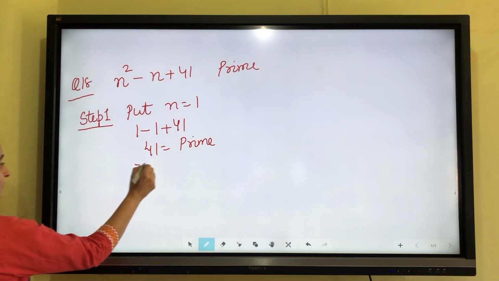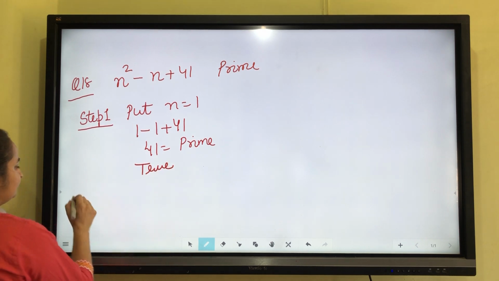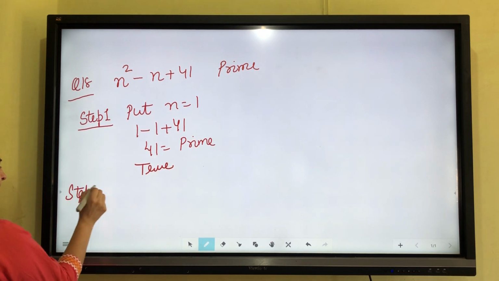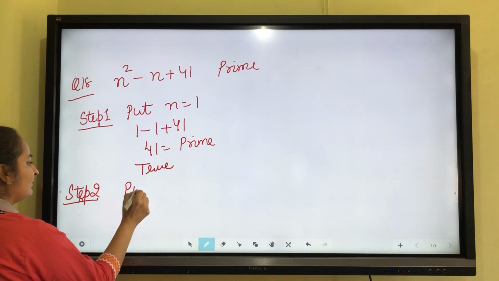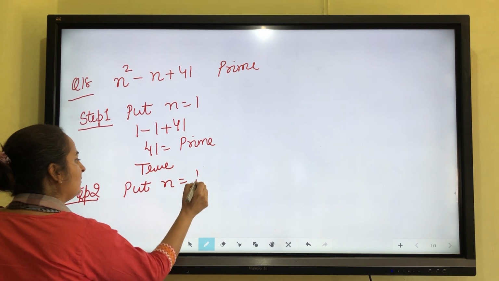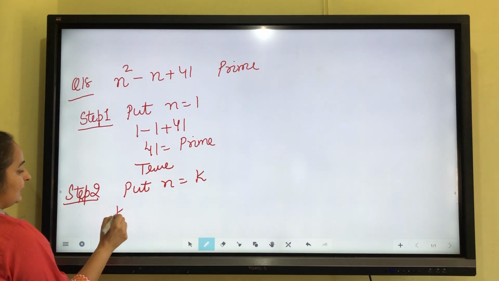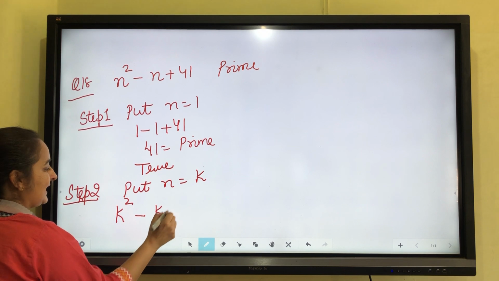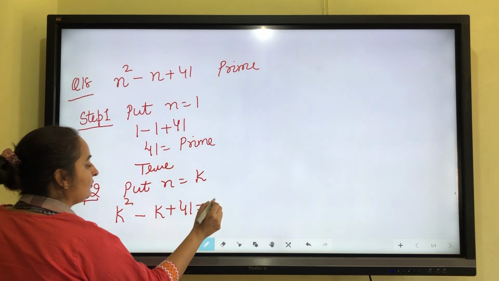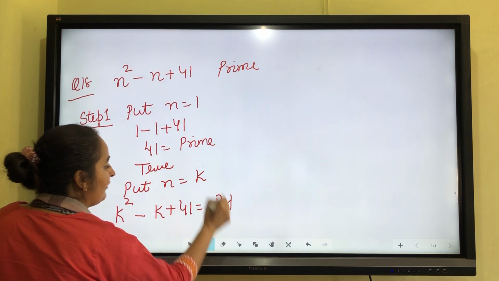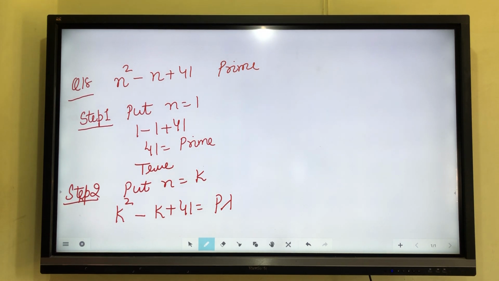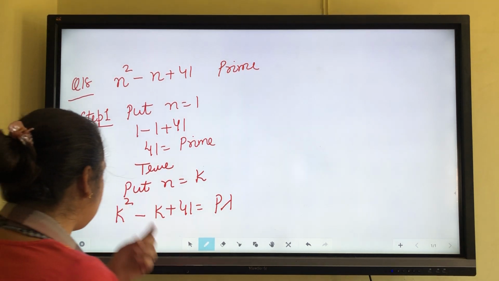Now, for second step, put n is equal to k. k power 2 minus k plus 41 is equal to a multiple of any prime number. Now, what's the third step?